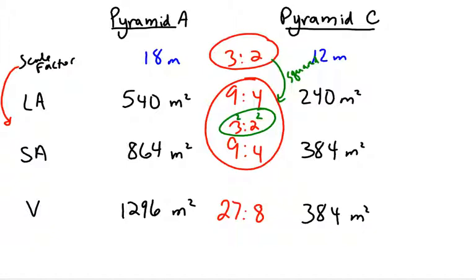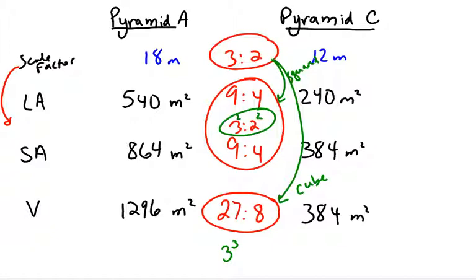And then when I get to the volumes, 27 to 8, this one's a little bit trickier, but we're going back to the scale factor, and instead of squaring it, we are cubing it. This would be 3 cubed, 3 times 3 times 3, and 2 cubed, 2 times 2 times 2. If you think about what we're doing when we calculate volume, we're calculating three dimensions. So if we're changing everything by a factor of something, we're changing all three dimensions, and therefore we need to cube it.